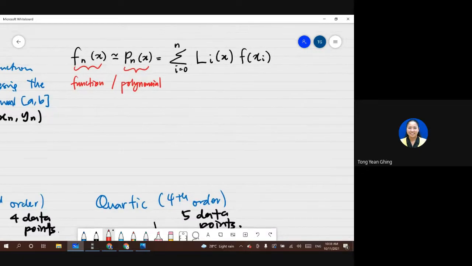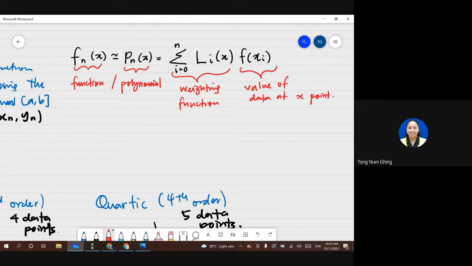And this one is a weighting function. And here, this is the value of data at the x point.